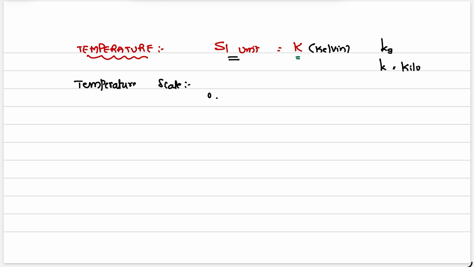One is degree centigrade, degree Fahrenheit, Kelvin with capital K, and also Rankine and Reaumur. Rankine scale, Reaumur scale.